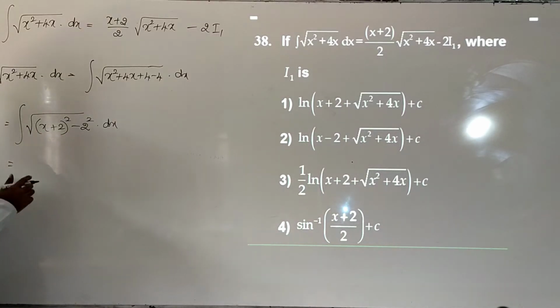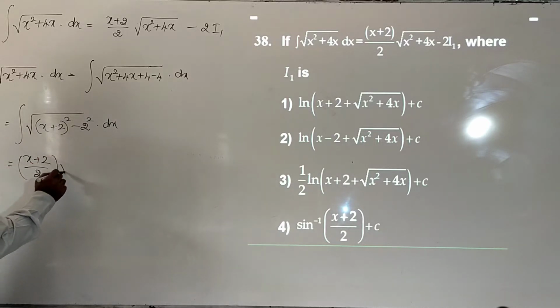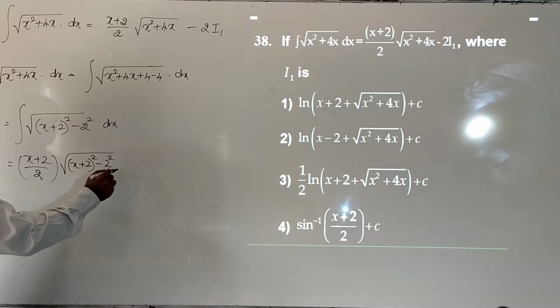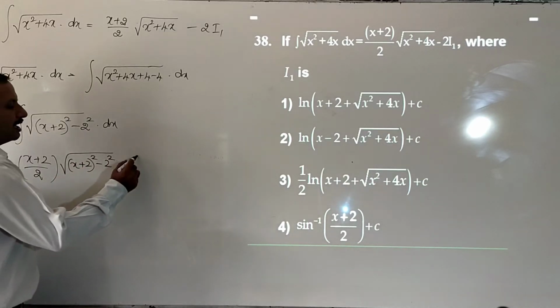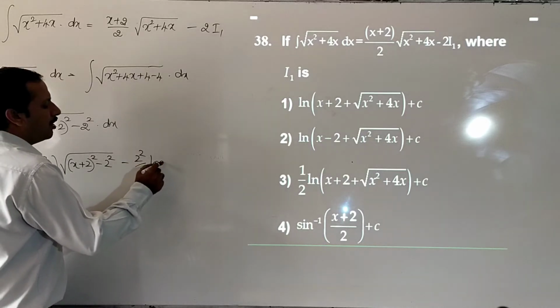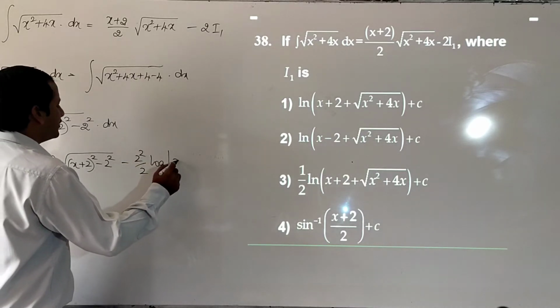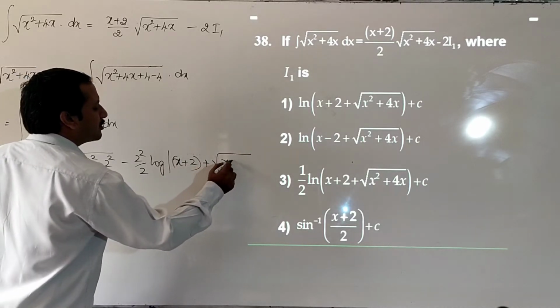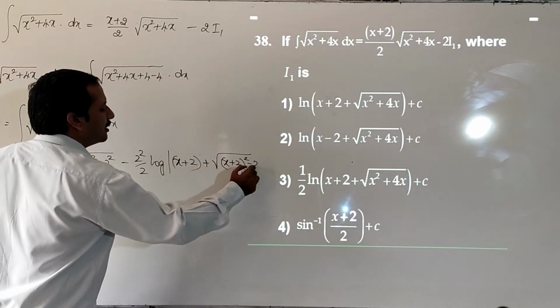x by 2, that means (x plus 2) by 2 into root of (x plus 2) whole square minus 2 square, minus a square by 2, that is 2 square by 2, log mod x, where x means x plus 2 here, plus root of x square minus a square.